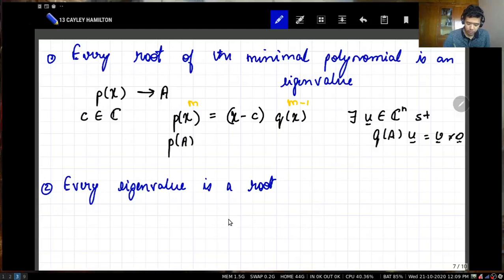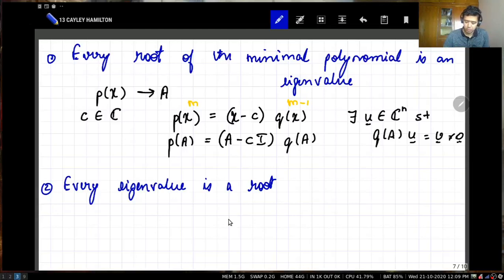So let's look at P of A, which is A minus C times I times Q of A, right?